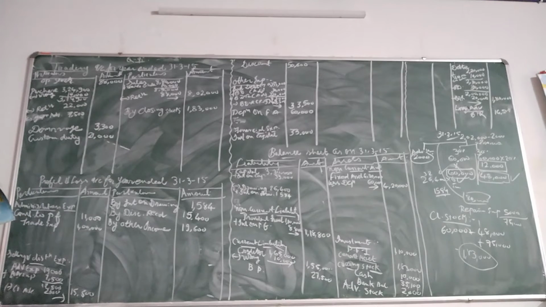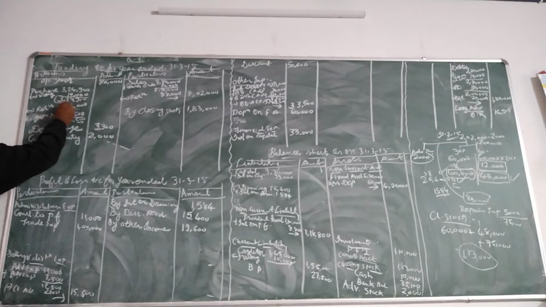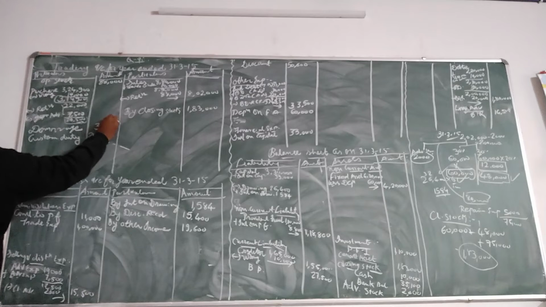Minus return, and here the total return is 29,500. So deduct it from 3,14,900.